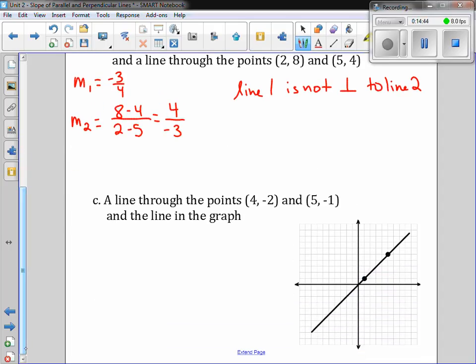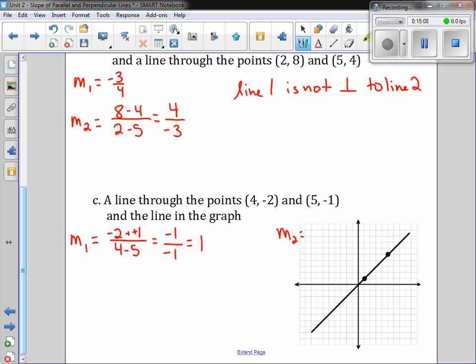And our last example goes through the graph and a set of points. We're going to do the set of points first. The slope of the first line is -2 minus -1 divided by 4 minus 5. Double negative makes those positive, so we have -1 over -1, which is a positive 1.